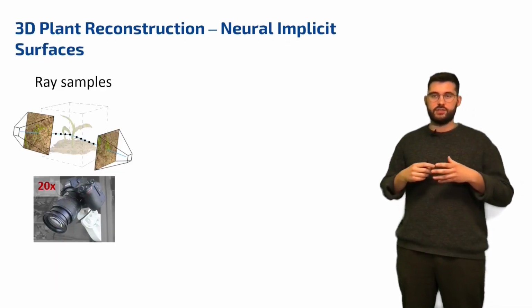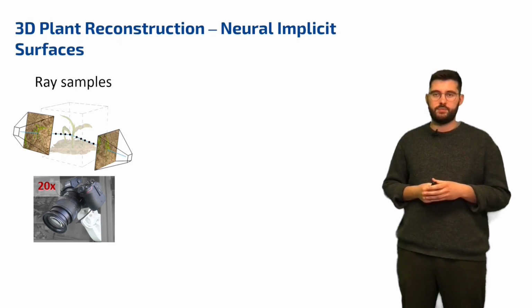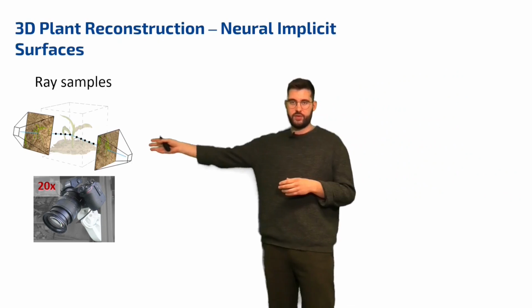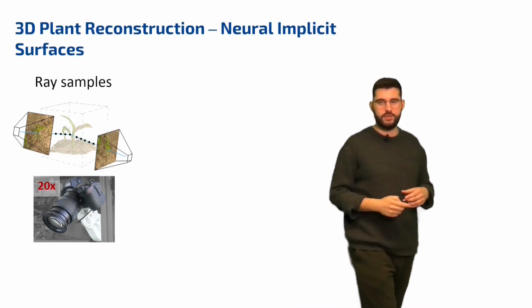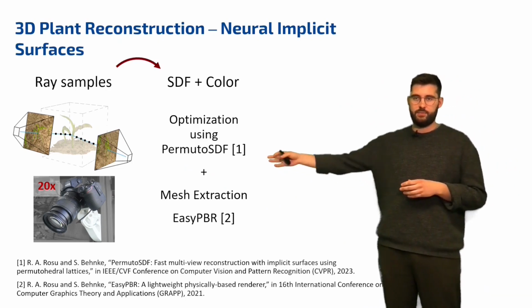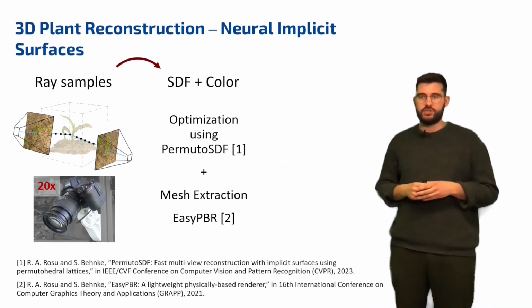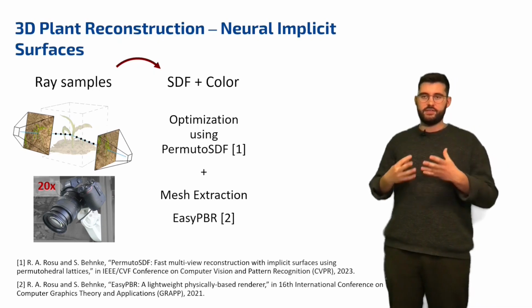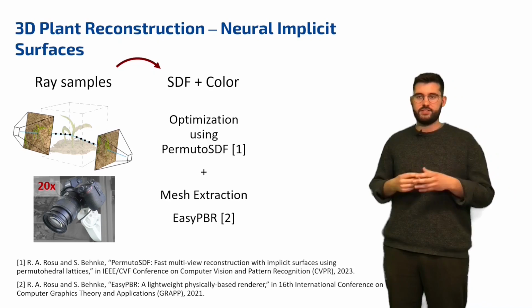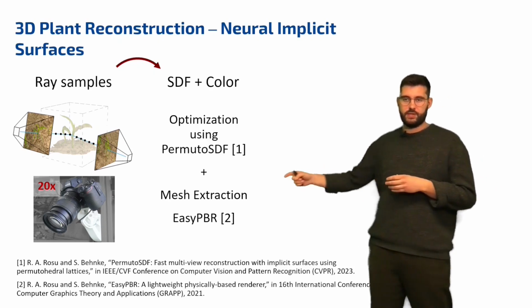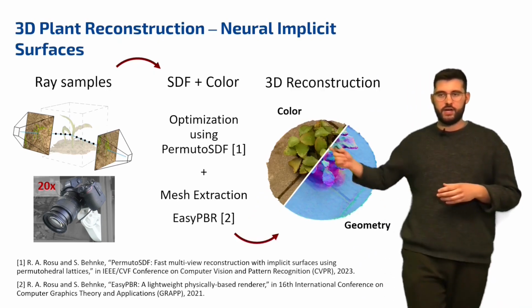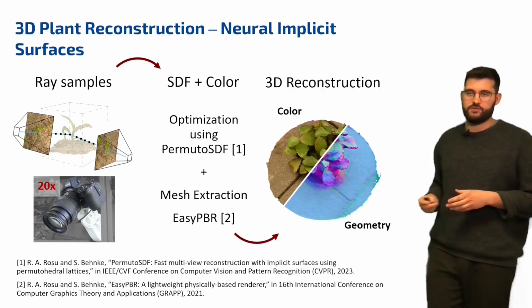And for the reconstruction itself, we used neural implicit surfaces. So for each image and for each pixel we have ray samples. And we use these ray samples as an input for a neural network, the Permuto SDF method, which estimates the signed distance function and the color, and then we can use the output of this network to extract the mesh using the EasyPBR method, and then we can get the color information and the geometry of our crops.